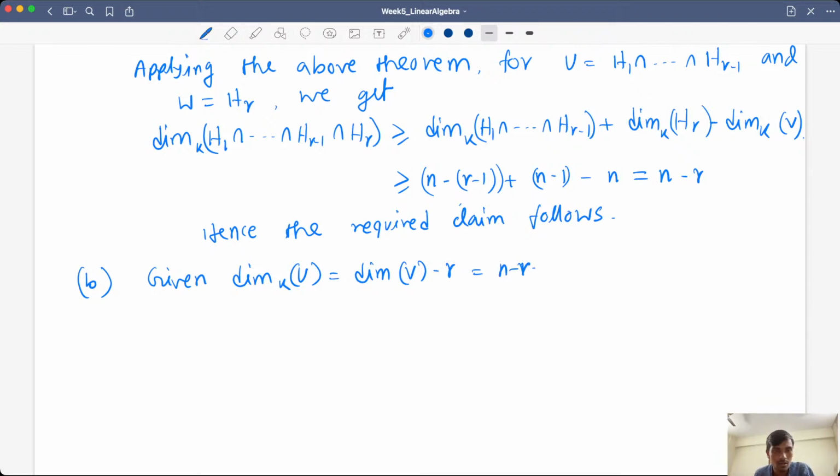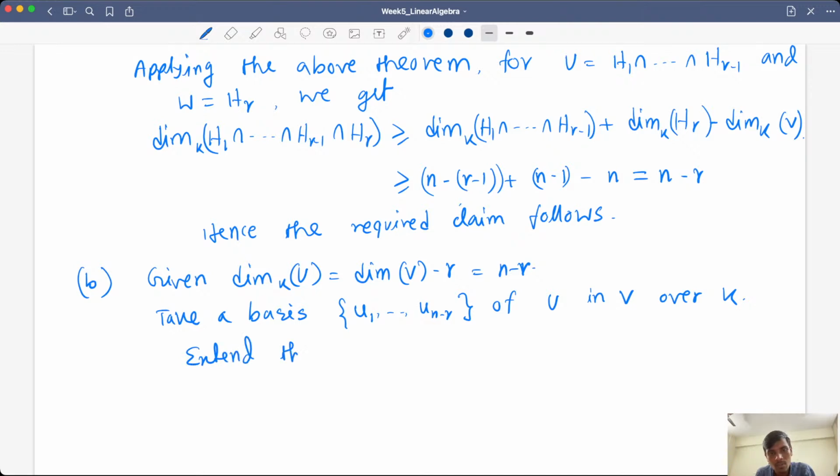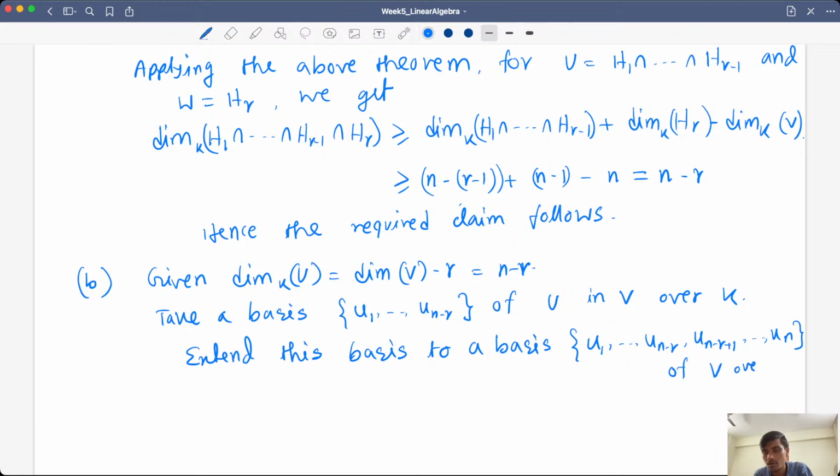So take a basis U1 up to U(n minus r) of U in V over the field K. Then I can extend this basis to a basis of V, that will contain the other elements U(n minus r plus 1) up to Un, a basis of V over K.